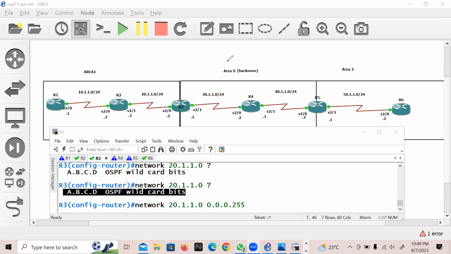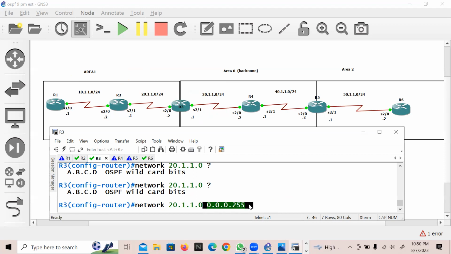So I think the question was, is the wildcard converting the subnet mask? Because it's slash 24, that's what I'm saying.